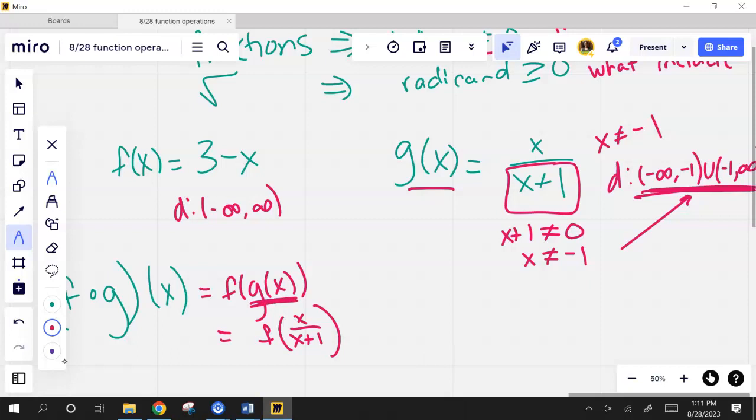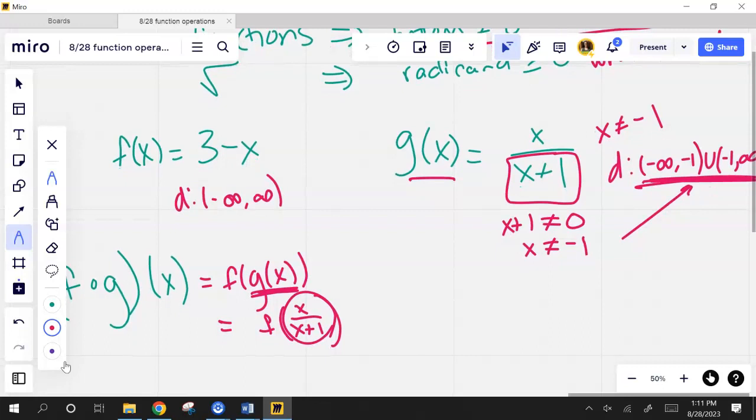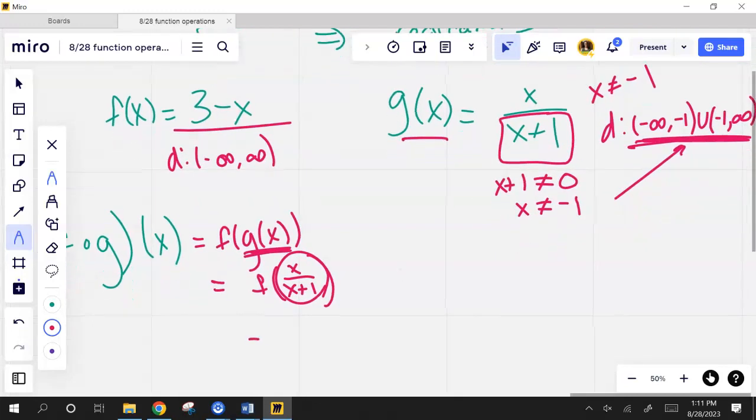All right, so this is saying take g, and everywhere there's an x in f, replace it with g. Well, what is g? g is x over x plus 1, right? So I'm going to take this f, and everywhere there's an x, I'm going to say 3 minus x over x plus 1.